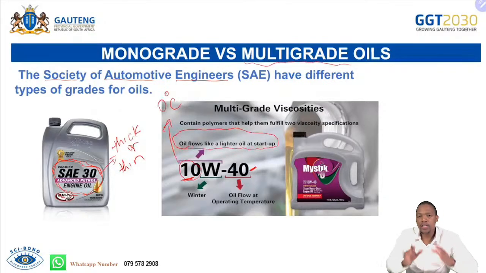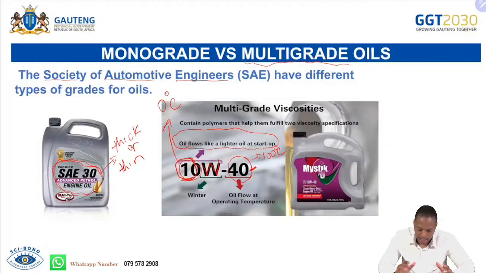It's light, its viscosity is low, it's at 10. That's why it is accompanied by a W here. The W stands for winter. And then at high temperatures, it operates as a 40. This is measured at 100 degrees Celsius. That's at high temperature. It operates as a 40.